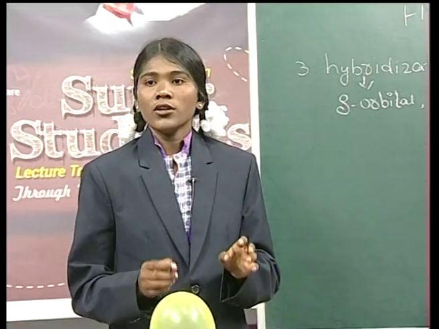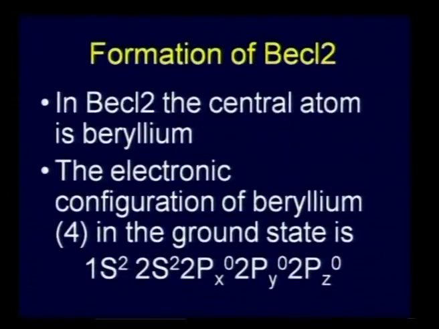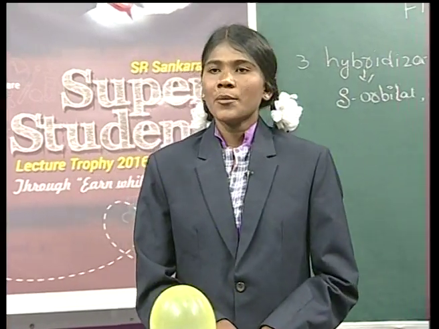Now we are going to discuss the formation of beryllium chloride. In beryllium chloride, the central atom is beryllium. The atomic number of beryllium is 4.